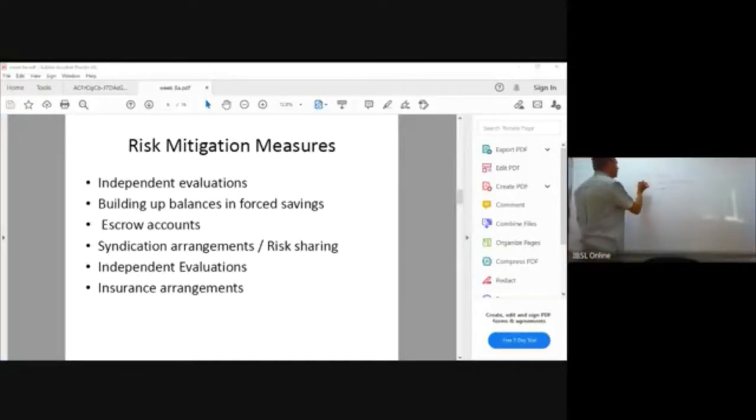So what happened? I told you, you have a lead arranger, and then you have the participating banks. These are our participating banks.